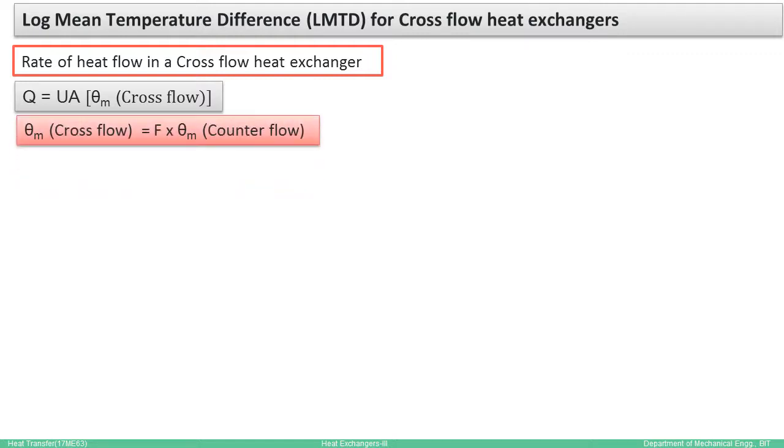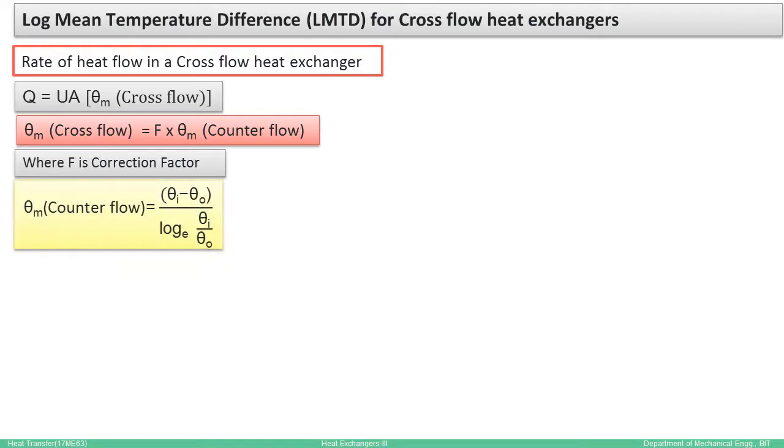So we have theta M, that is LMTD for cross flow, equal to F, which is a correction factor, multiplied by theta M for counterflow. That means you have to first get theta M for counterflow and multiply it by the correction factor, which is obtained from the charts.